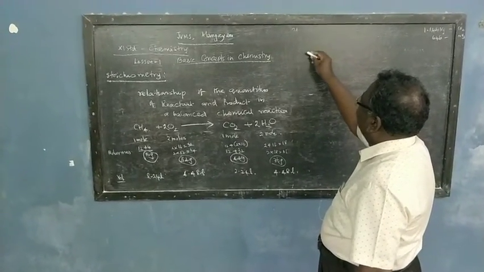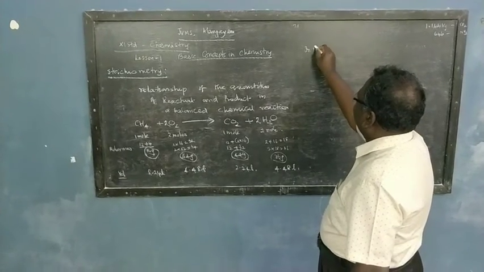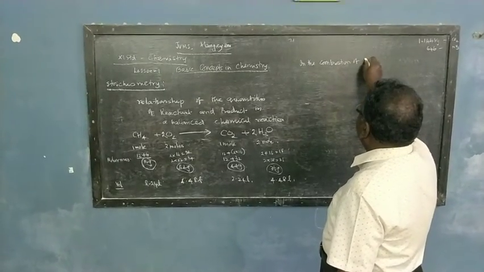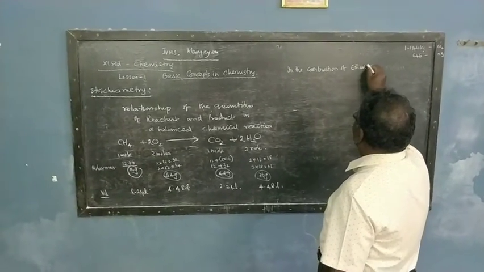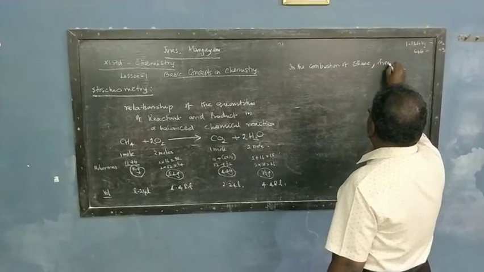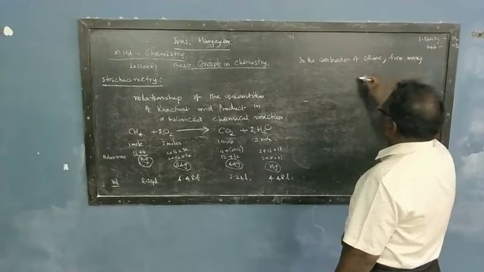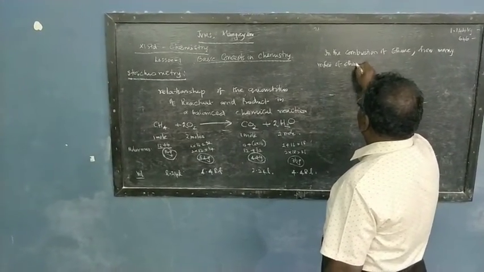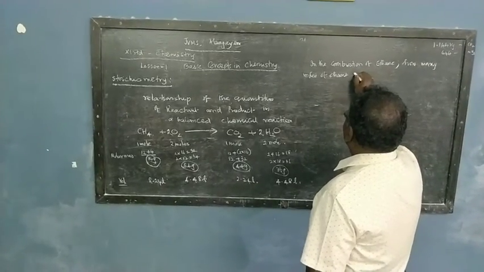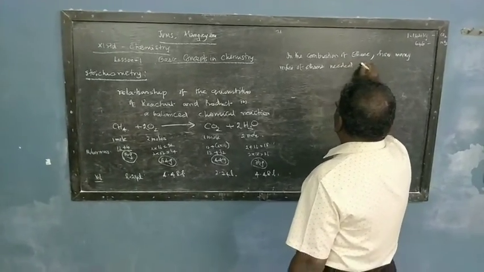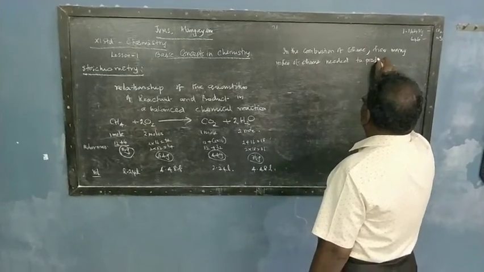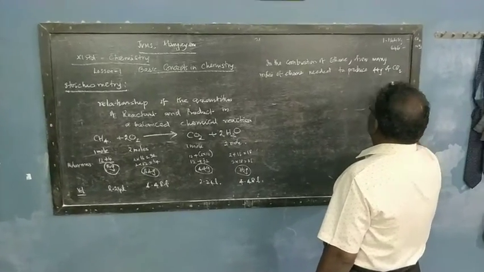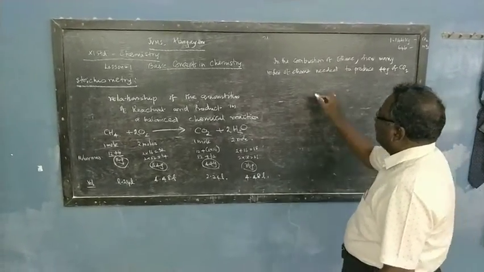So in that sum they have asked, in the combustion of ethane, how many moles of ethane are needed to produce 44 grams of carbon dioxide, right? Now what is the compound given here?